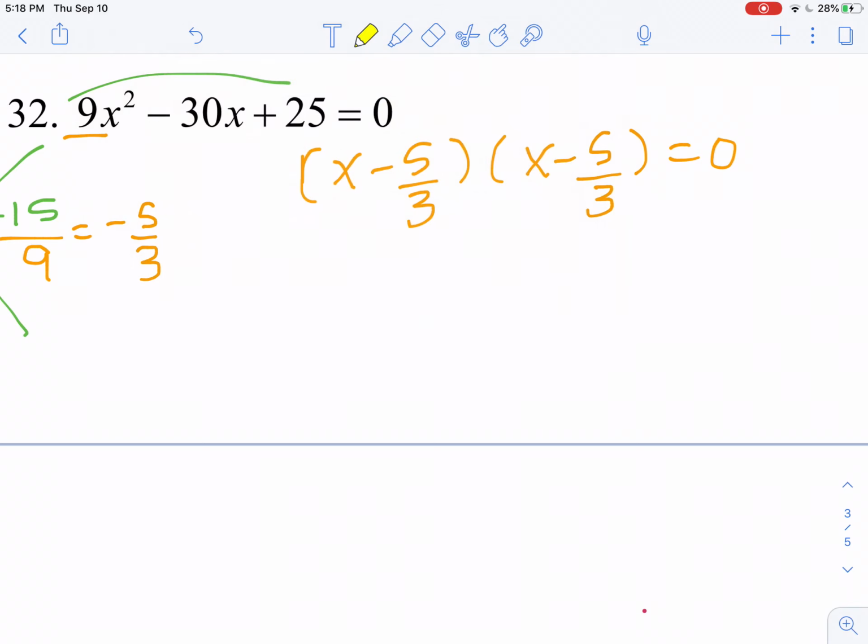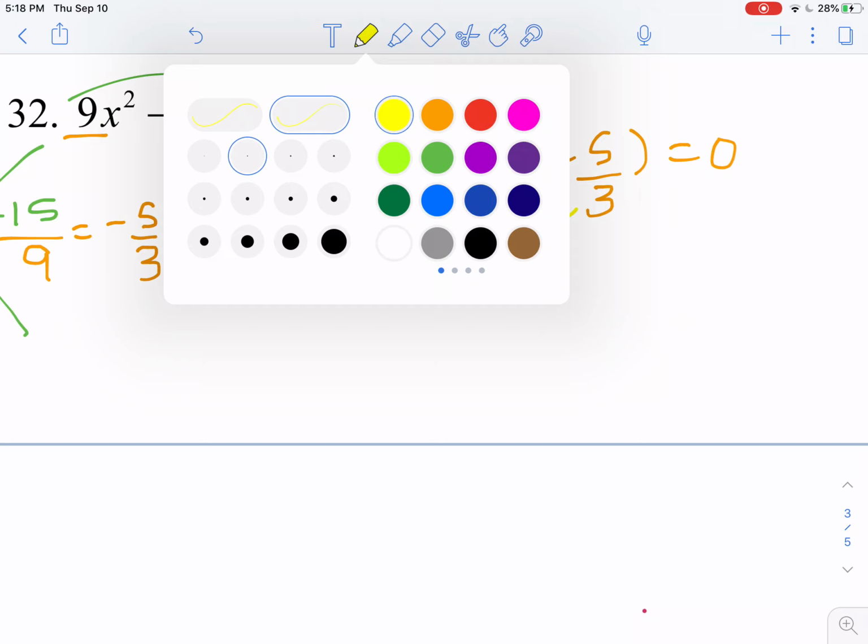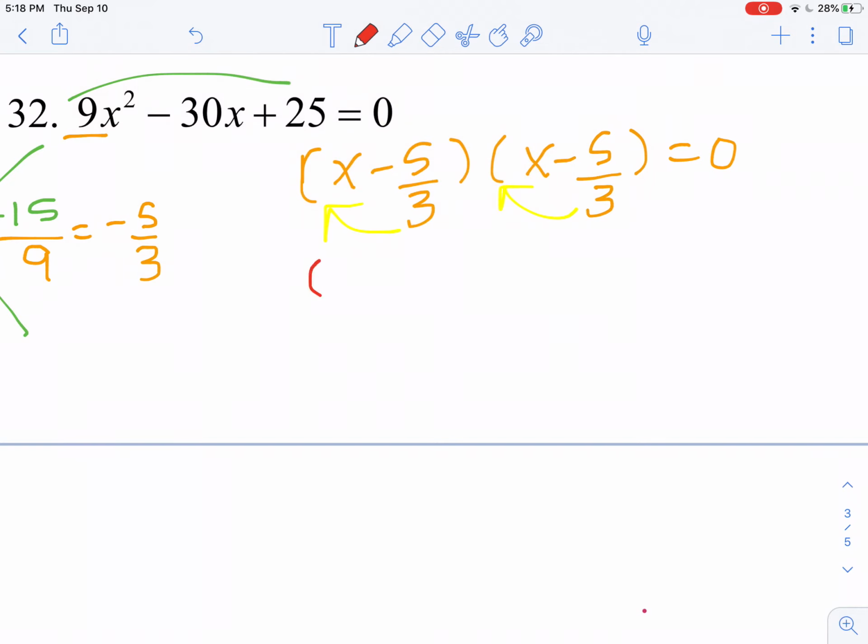We don't ever leave those denominators, so they go up to be the coefficients of x. I get 3. Ooh, I don't like that. I get 3x minus 5 times 3x minus 5 equals 0.